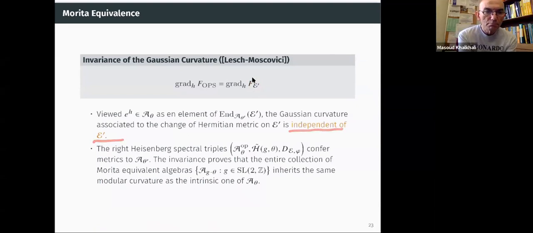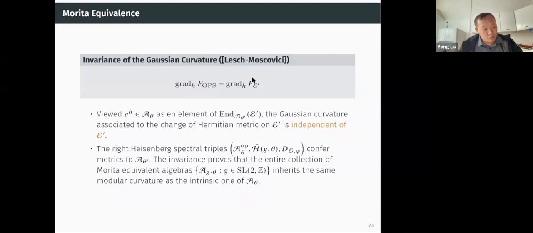So that's Moscovici's picture. This resembles the fact that if you embed your A theta into the endomorphisms of E theta prime, so you do an embedding of A theta into some other algebra, this modular Gaussian curvature is somehow independent of this embedding.